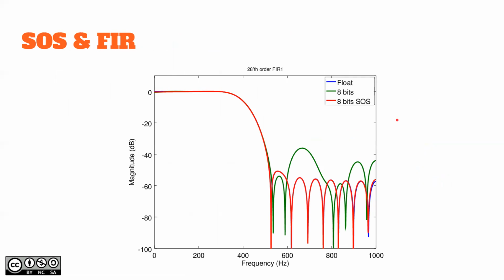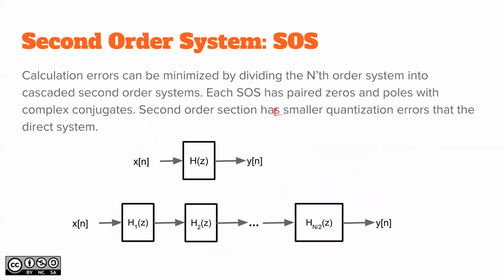Okay, there's an example of what a second order block actually does for an FIR filter, instead of direct form. Floating point is here the blue one, which is actually behind the red one. 8 bits is the direct form, meaning that everything is calculated here.